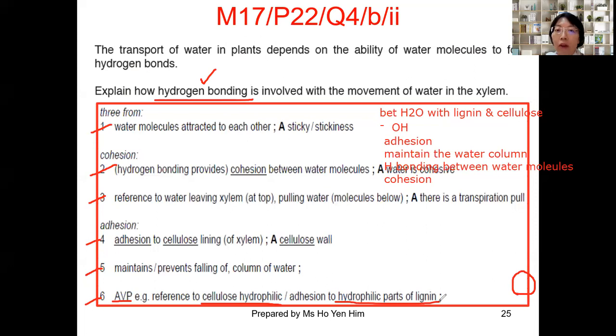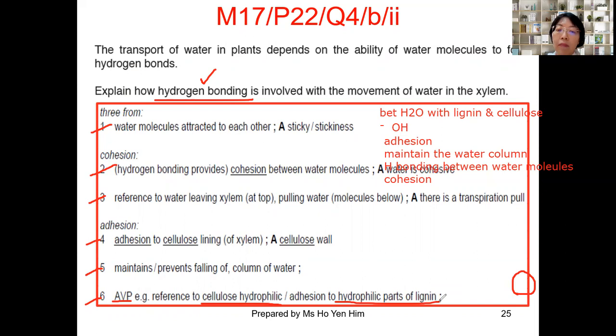Water loving means you can grab water molecules. You love water, so you go and grab them and hug it, isn't it? Okay. So when cellulose and lignin have a hydrophilic part, this part will be able to be attracted to water molecules, and in this case, they form hydrogen bonds with water molecules because it is the OH. So OH can form hydrogen bonds with water molecules.